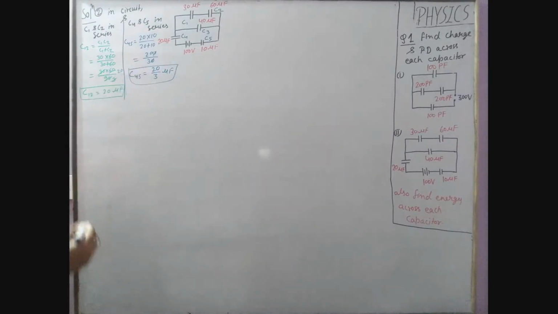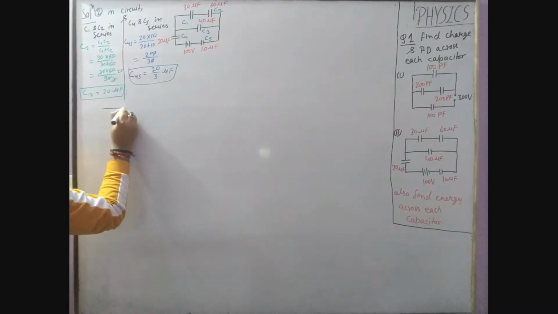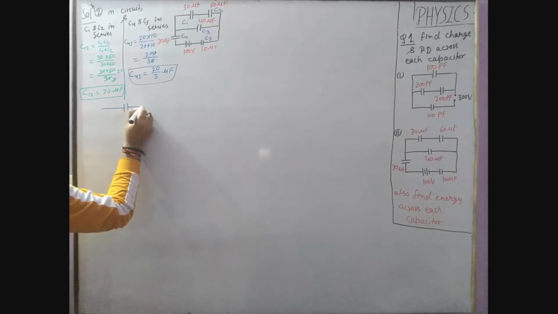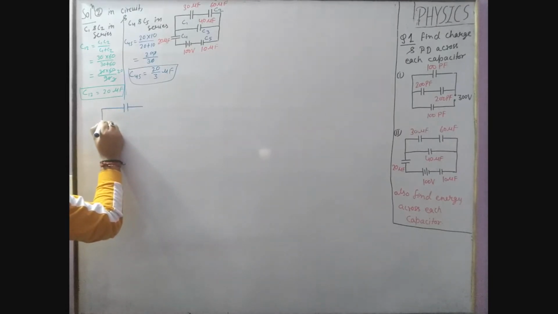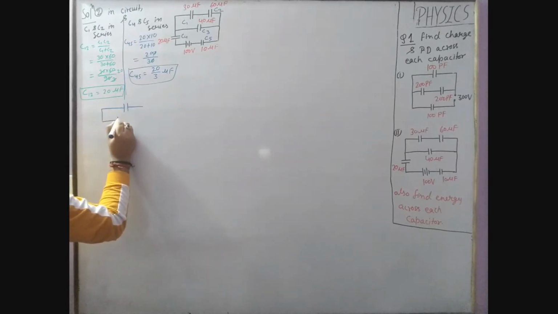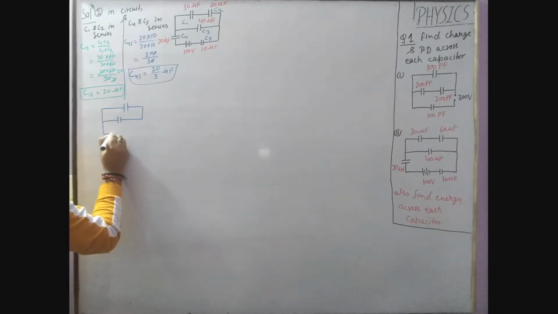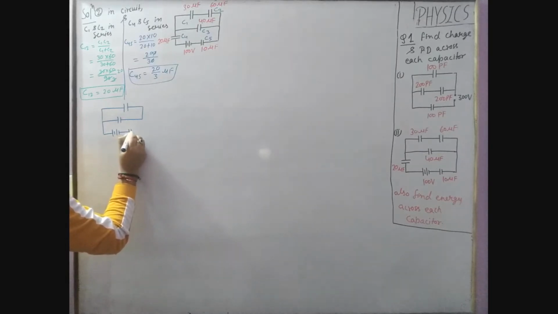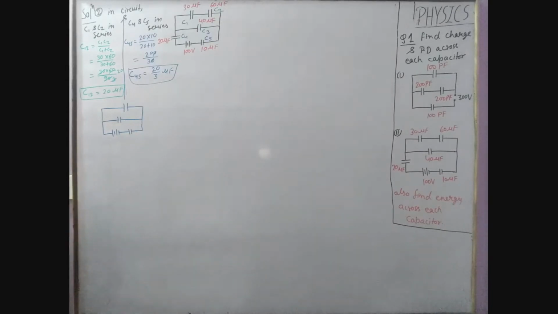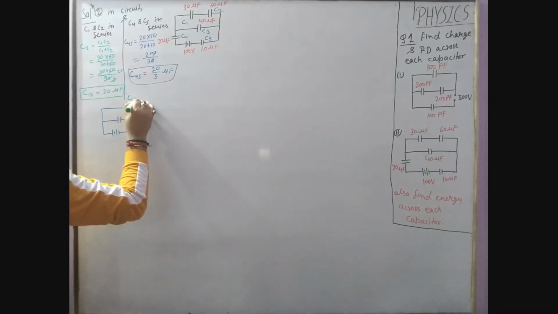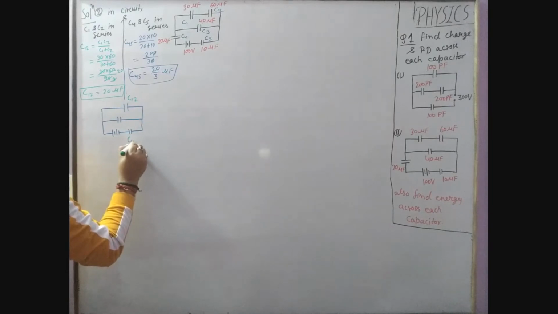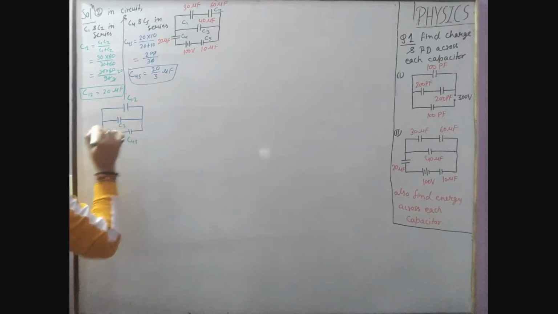After doing so, the circuit is reduced to this, where this is C12, this is C45 and this is C3.